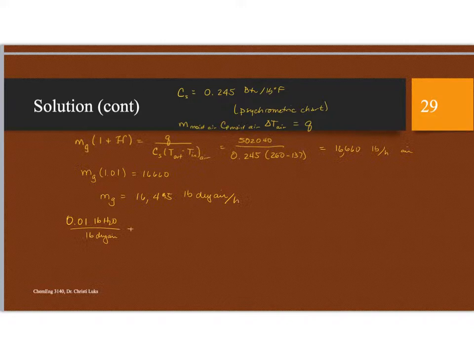But I am adding 406 pounds of water to the feed of 16,495 pounds of dry air. And so therefore the exiting humidity is going to be 0.0346 pounds of water per pound of dry air.